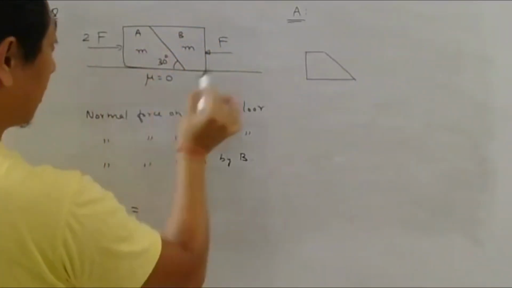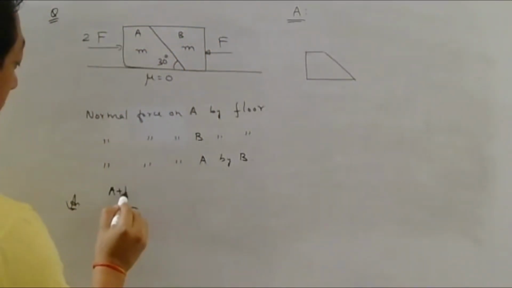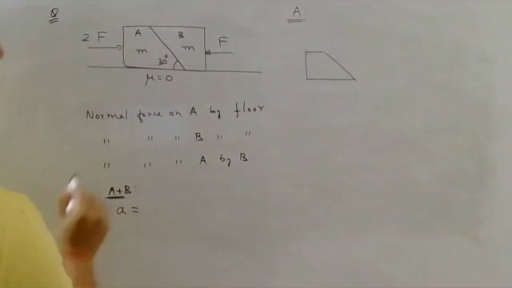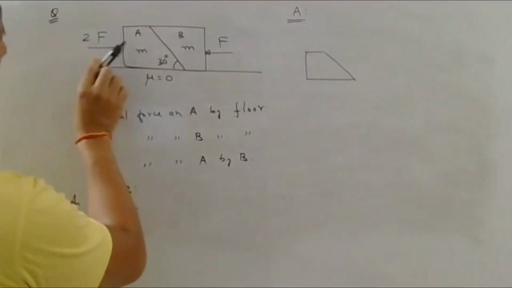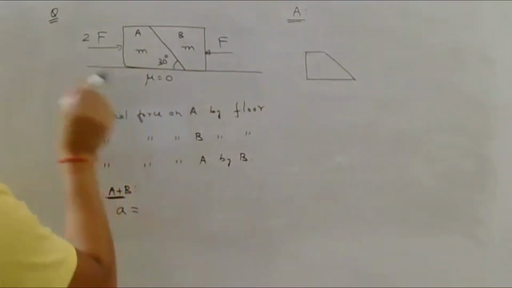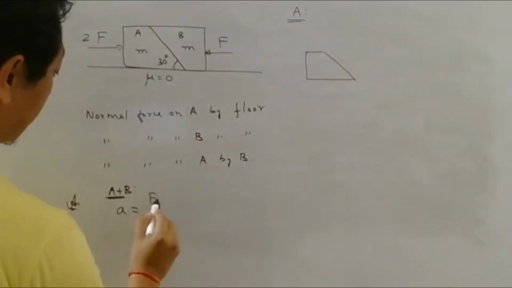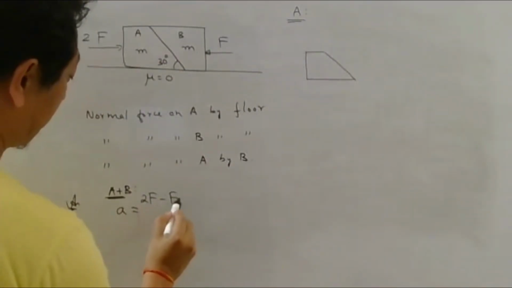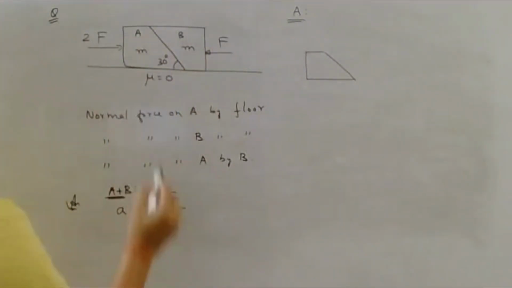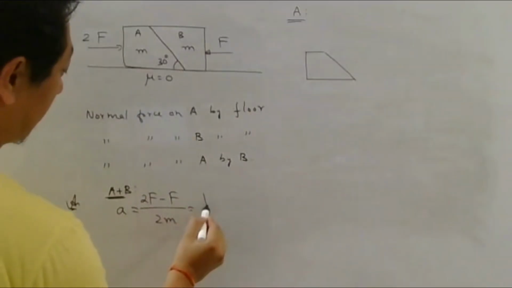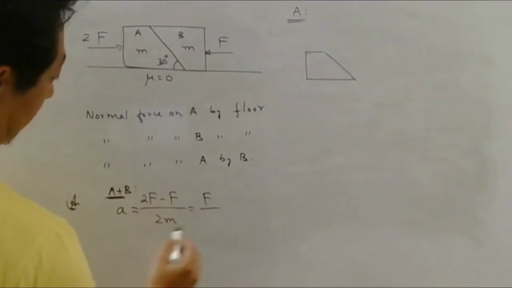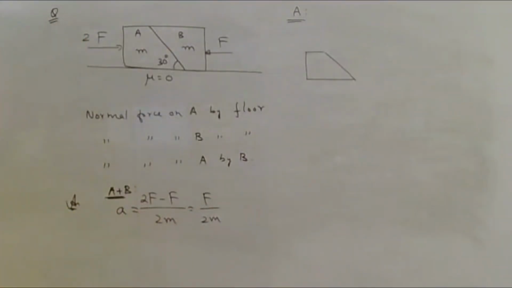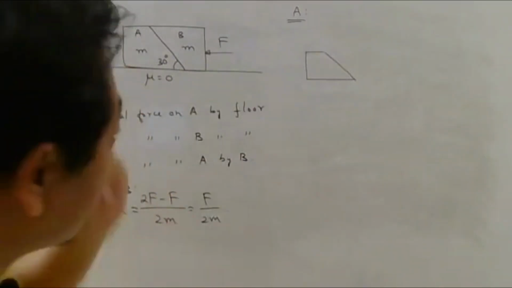So take everything as system, A plus B. And then tell me the total force. 2F here, F here. So the total force will be F this side, right? 2F minus F. Total mass is what? 2m. So it is F by 2m. So first find the acceleration.